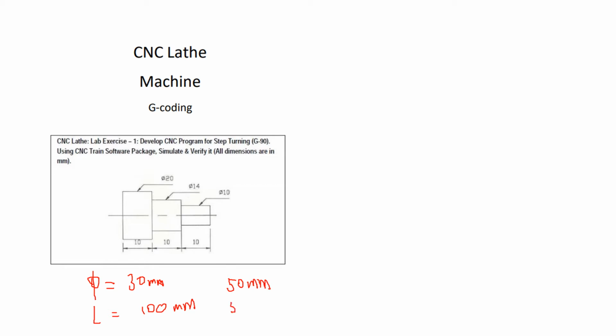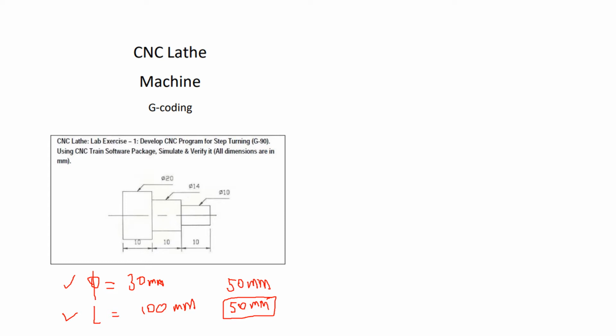So you have 50 millimeter of length of the workpiece to work on. Our dimensions are 30 millimeter diameter and 100 mm length, in which you have 50 mm to work on, because the other 50 is inside the chuck.